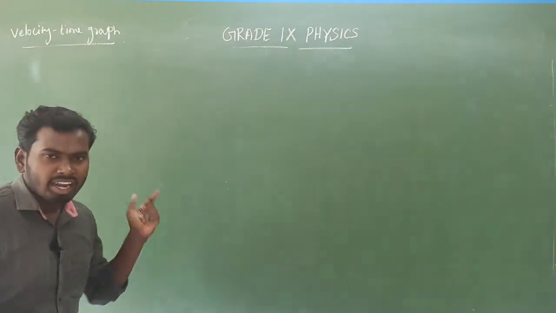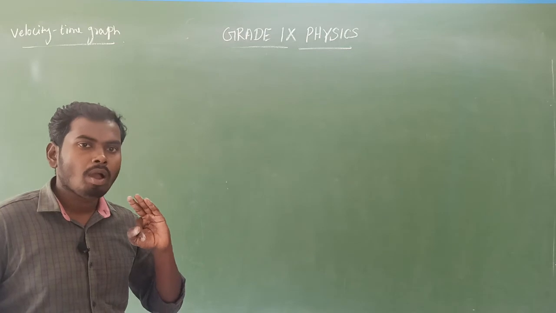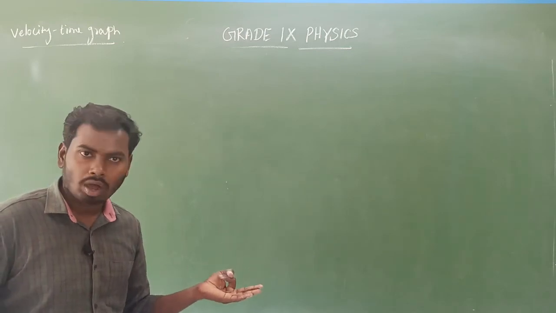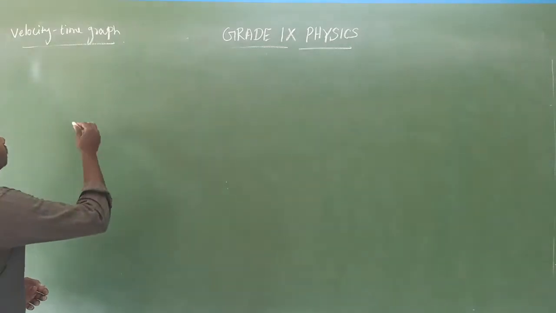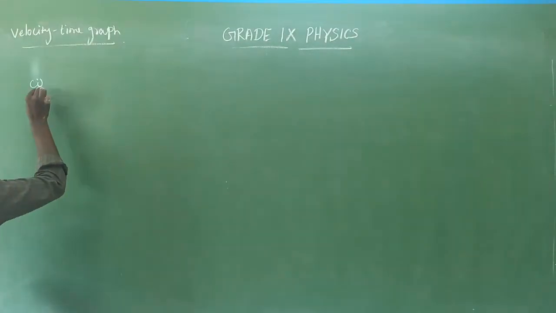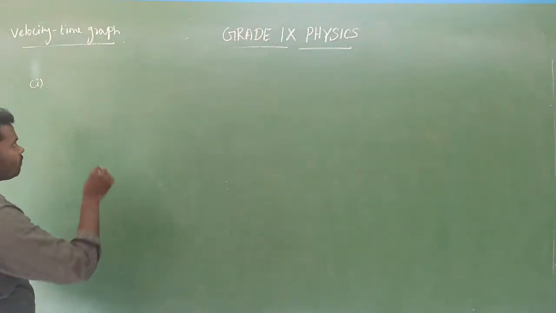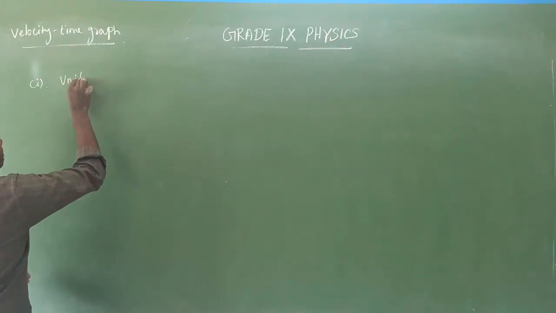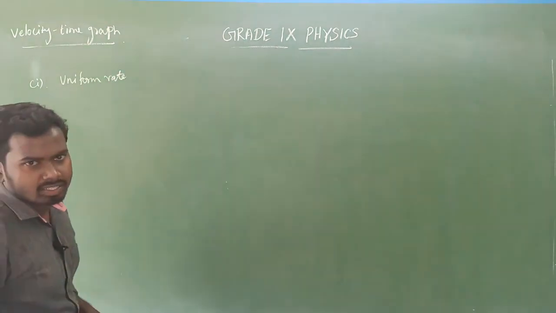Till now, in the velocity time graph, we have discussed 3 conditions of the object's motion. Am I right? Yes. First one, what is that? The velocity of the object changes at a uniform rate.